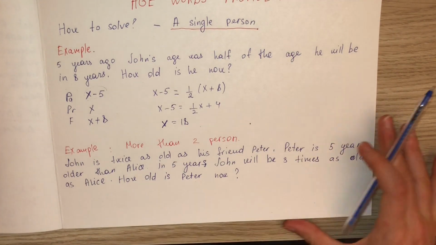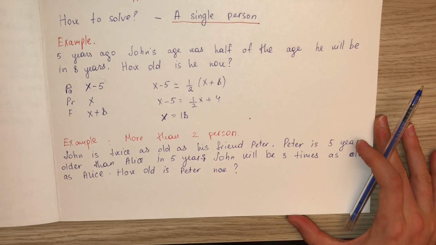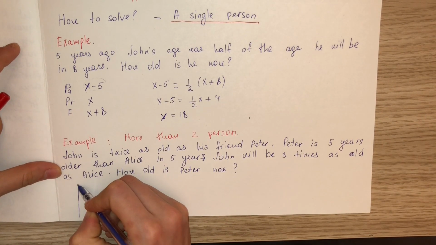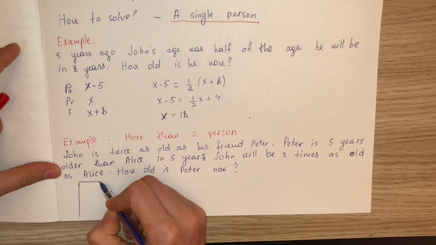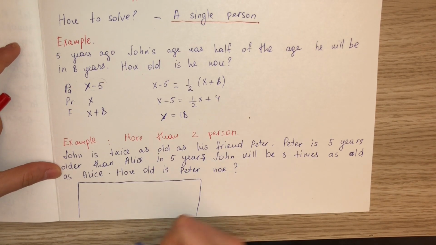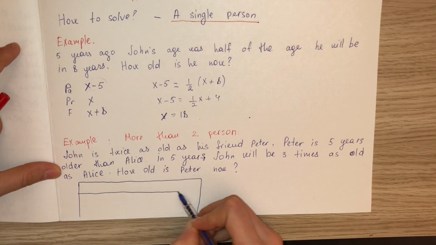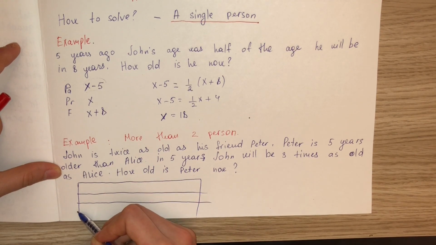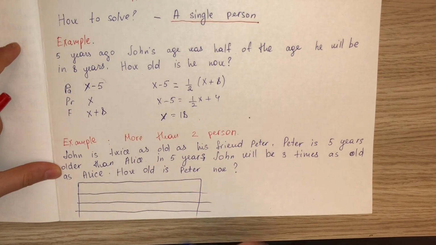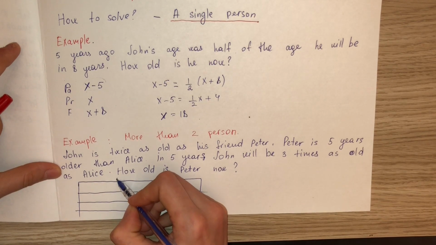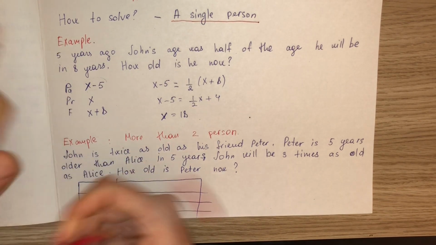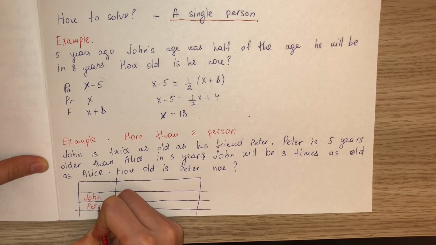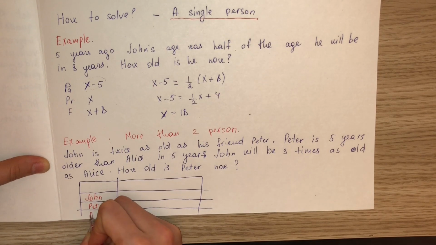In order to solve this example, our first step is to set up a table. Let it be our table. First is John, then Peter and Alice.